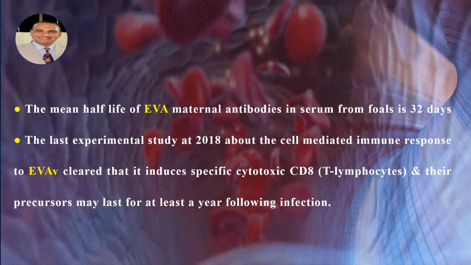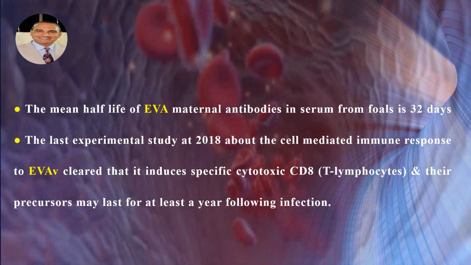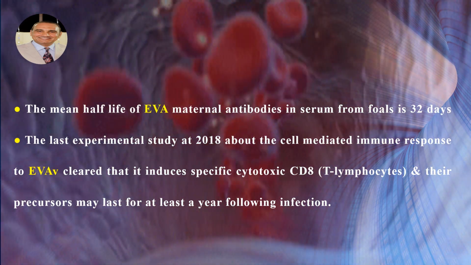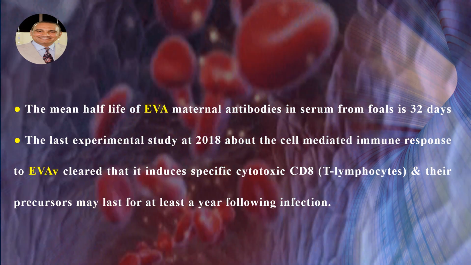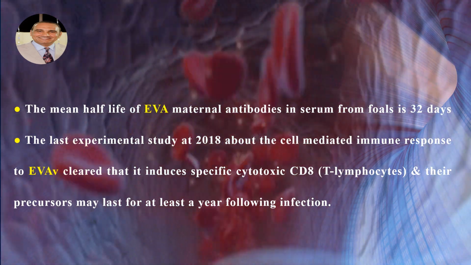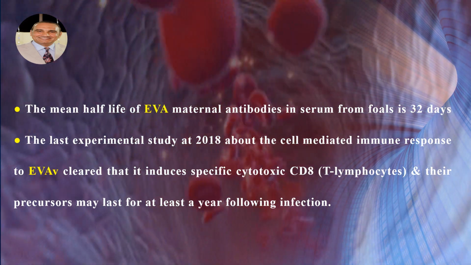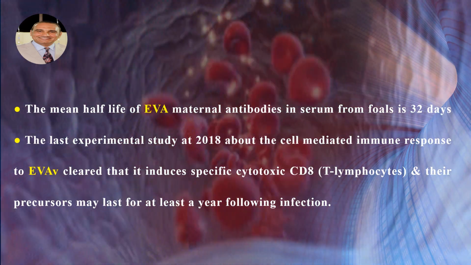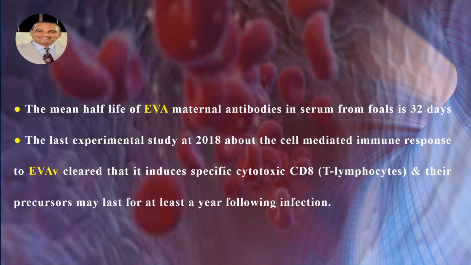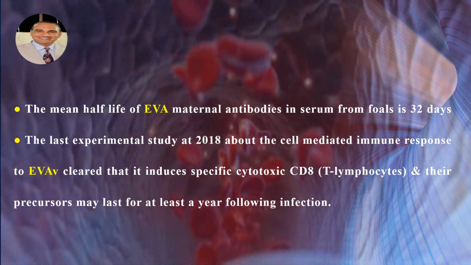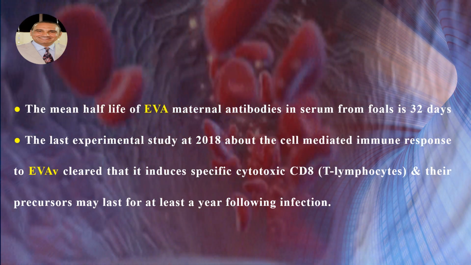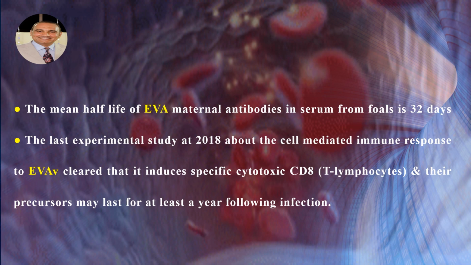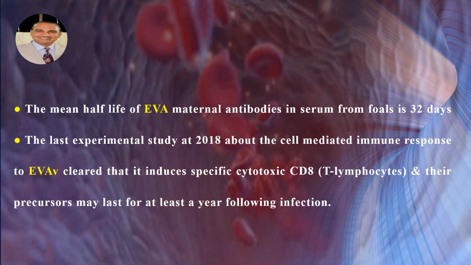The mean half-life of equine viral arteritis maternal antibodies in serum from foals is about 32 days. The last experimental study, in 2018, about the cell-mediated immune response to equine viral arteritis virus infection, showed that it induces specific cytotoxic CD8 T lymphocytes, and their precursors may last for at least a year following infection.